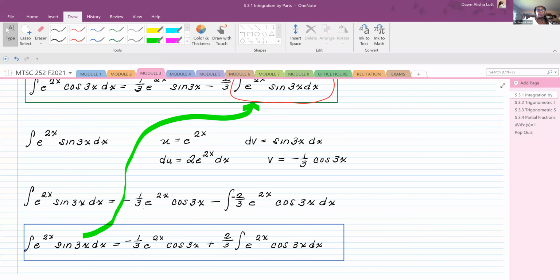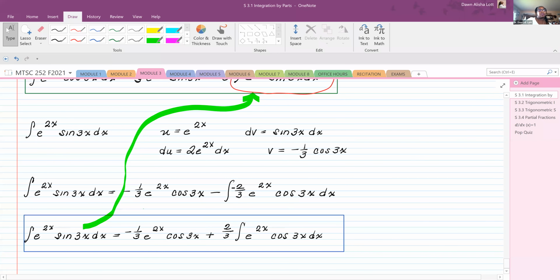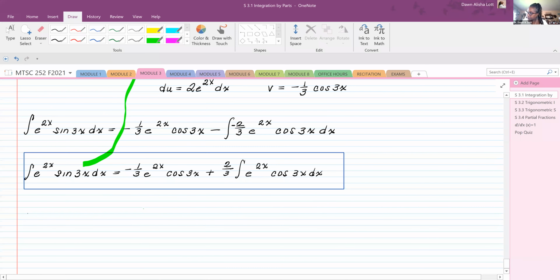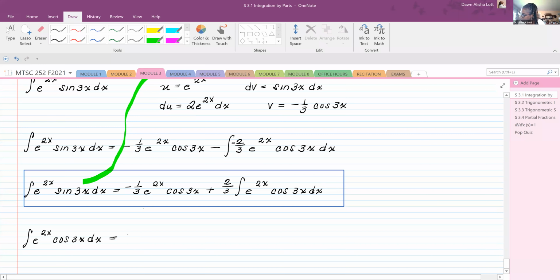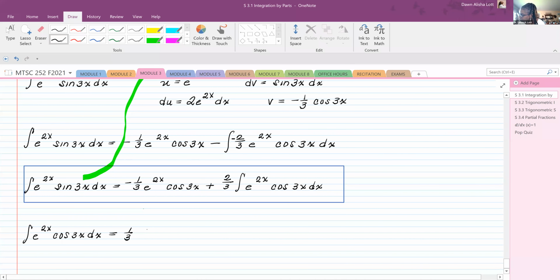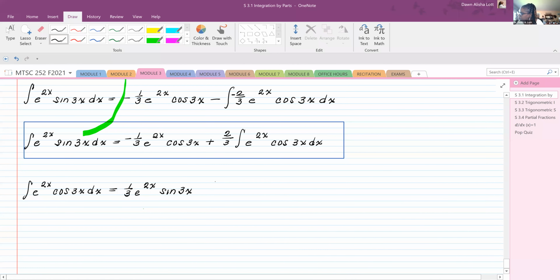So now I get the integral of e to the 2x cosine 3x dx is equal to 1/3 e to the 2x sine 3x. And then I have minus 2/3 of the next integral.